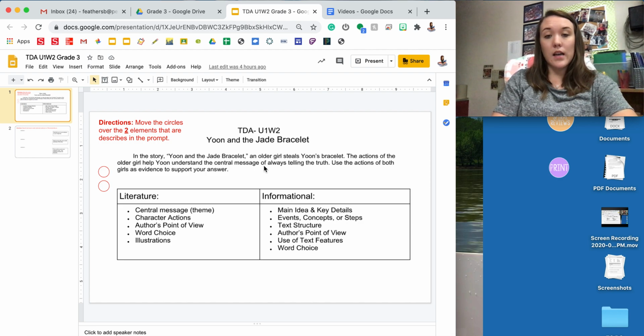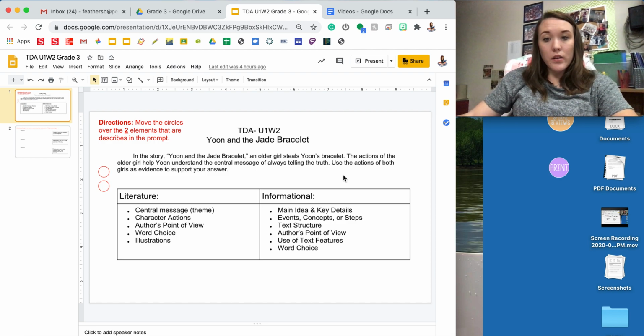The second sentence is where you need to act as a detective. You need to be looking for key words to figure out what elements you are going to be analyzing. Let's reread this second sentence. It says, the actions of the older girl help Yoon understand the central message of always telling the truth.